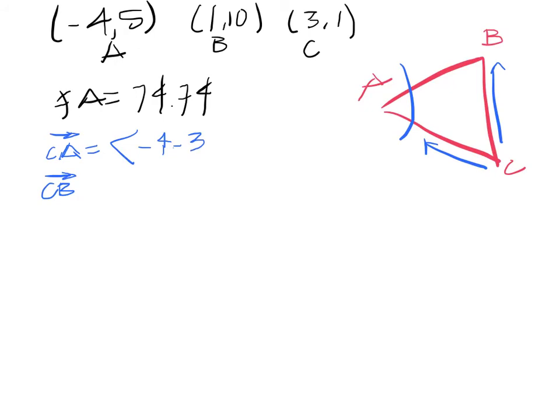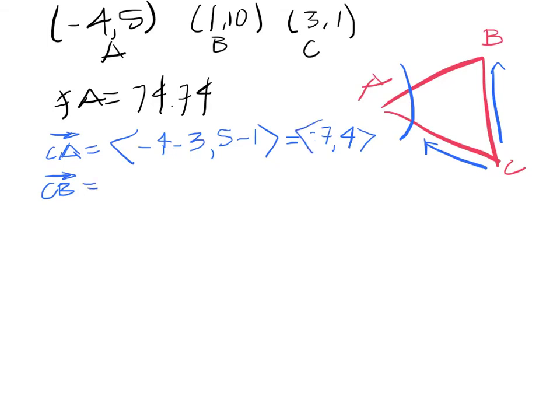Just so you're not getting confused, because a second ago I was getting confused: I'm starting at C and going to A, so I take my A components and subtract C from them, because A is my x2, where I'm stopping. So negative 4 minus 3, and then 5 minus 1. So CA in component form is (-7, 4). I did the same thing with CB.